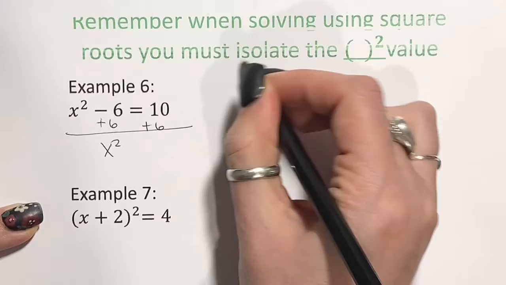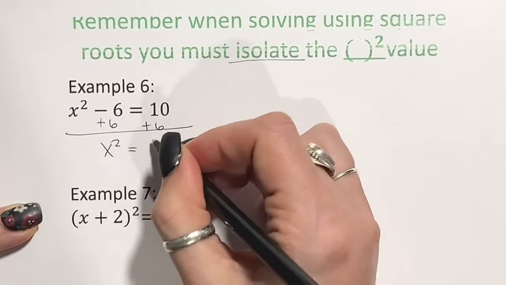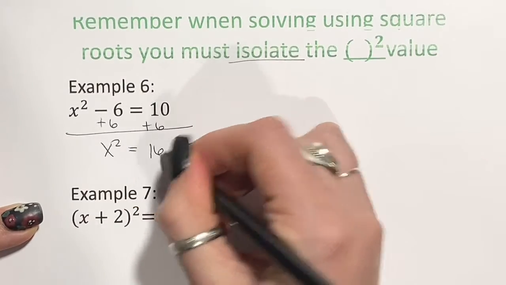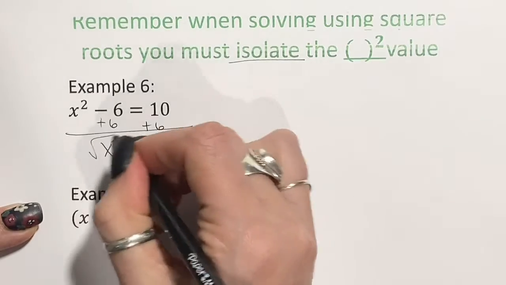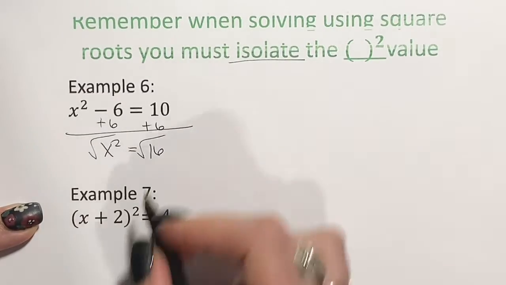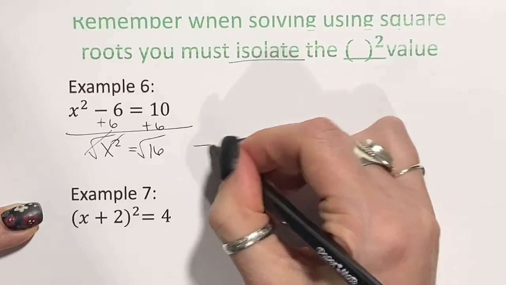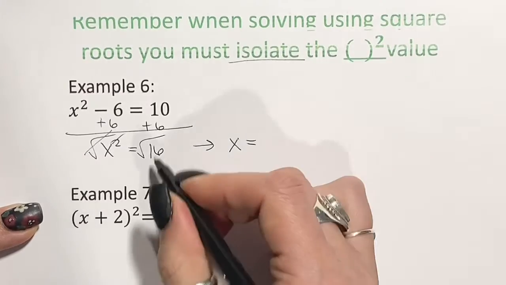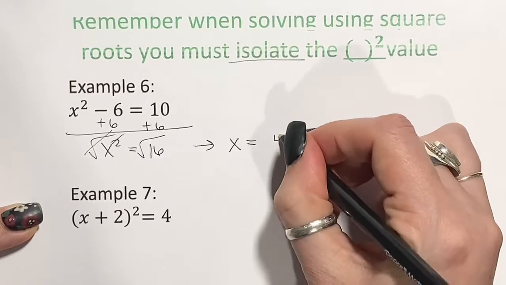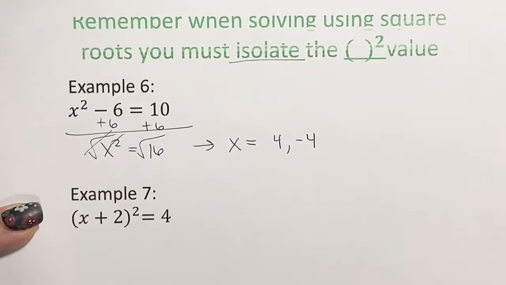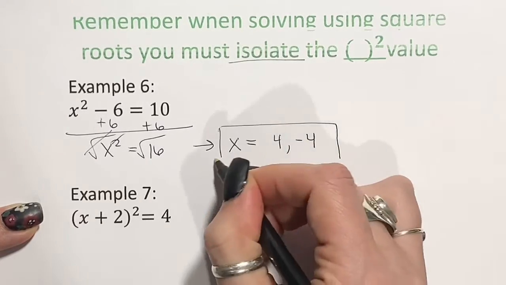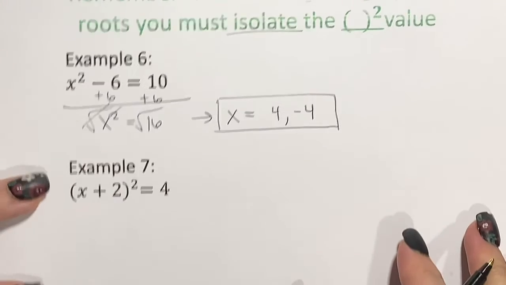So now I've isolated that x squared, or got the x squared alone. And I get x squared equals 16. Take the square root. Well, those cancel, and we get x alone equals the square root of 16, which is 4 and negative 4. And that would be your answer. Or you can do that little plus or minus 4.